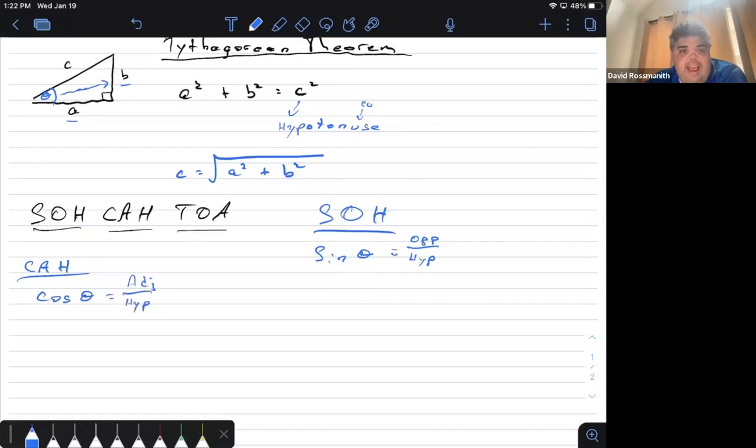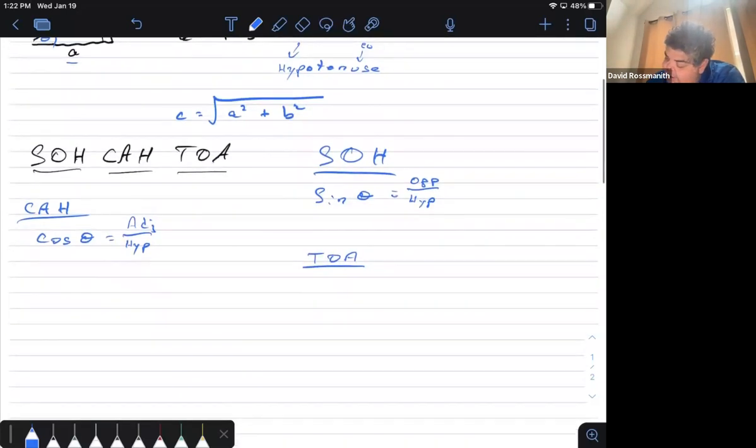So again, CAH: cosine, adjacent, hypotenuse. And the last one, TOA, says the last trig function, tangent of the angle theta, is, of course, opposite O divided by adjacent A.